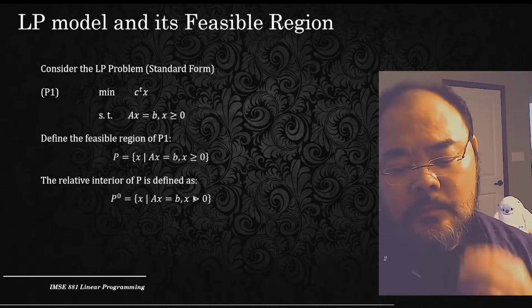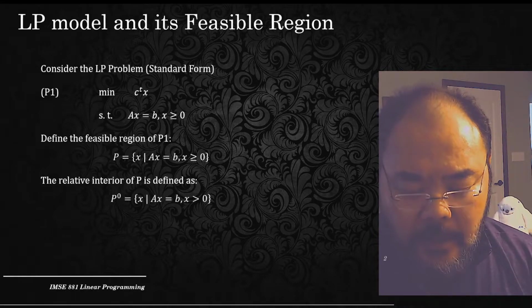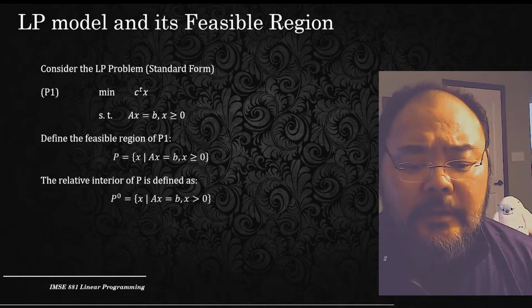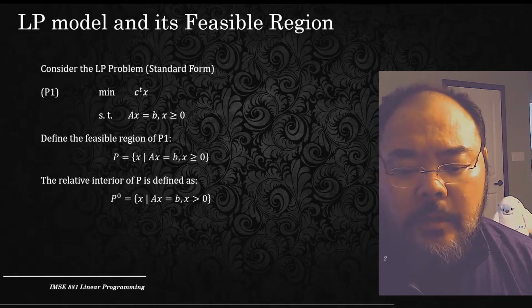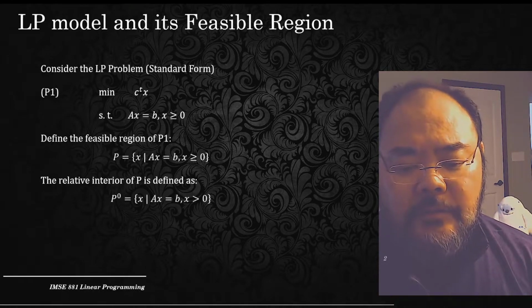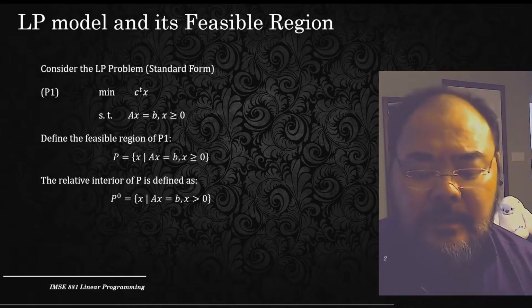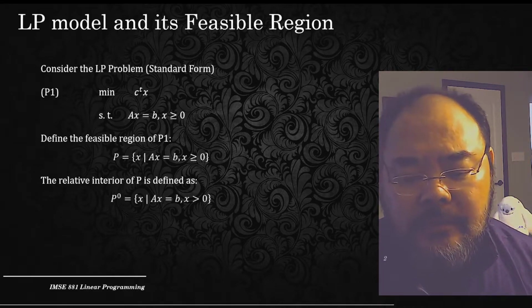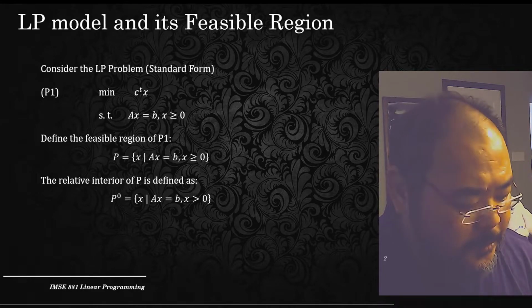So all the x's will have a positive value. In the simplex method, only the basic variables have a positive value, and all the non-basic variables have a value of 0. And this algorithm will try to keep everybody positive. We call this region the relative interior of my feasible region.